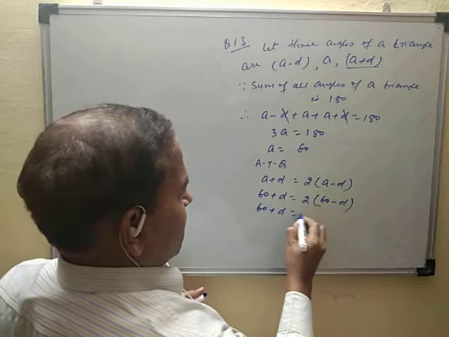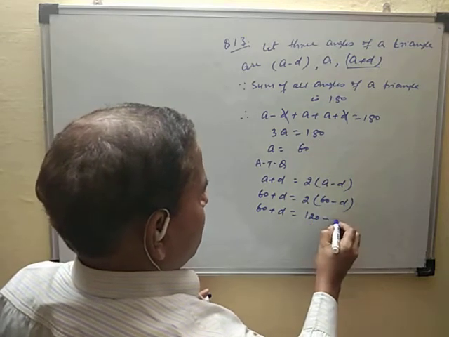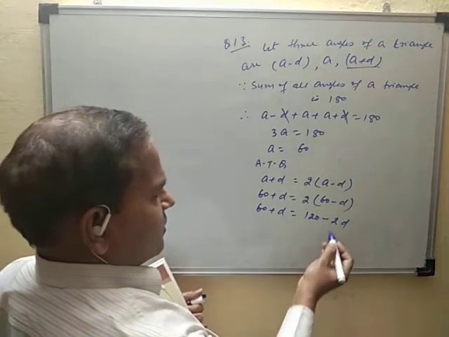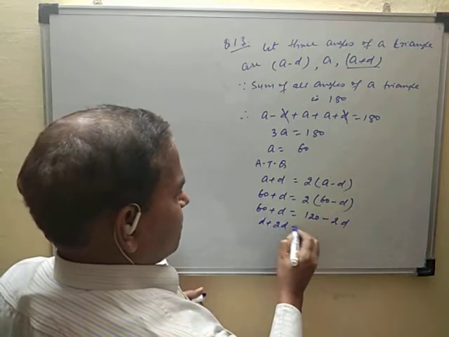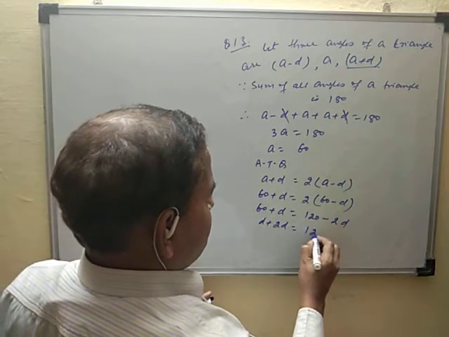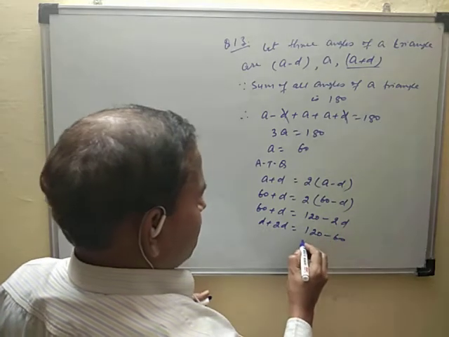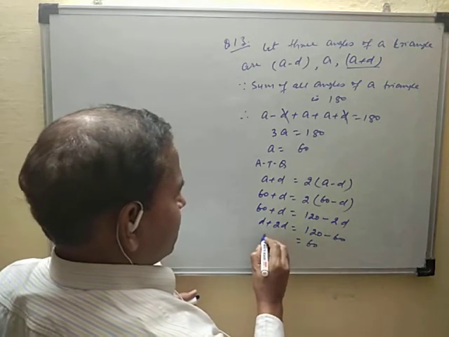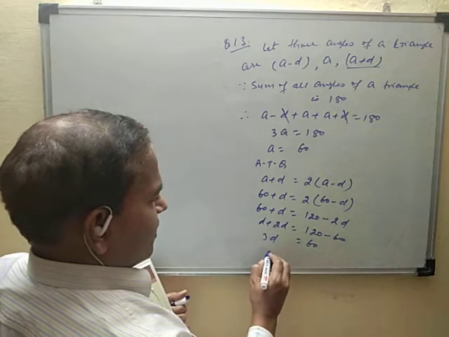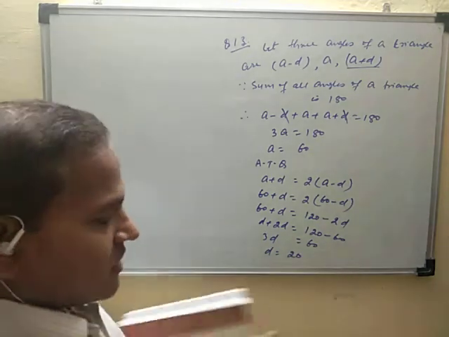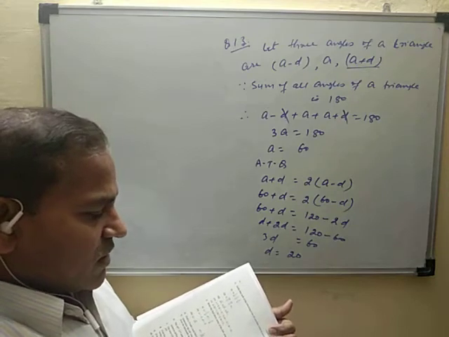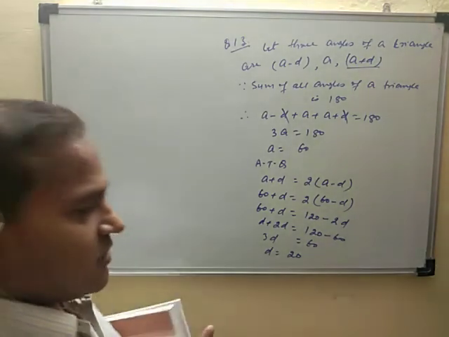So 60 plus D is equal to 120 minus 2D. This 2D taking to the left side: D plus 2D, and 60 taking to the right side. Then 120 minus 60 is equal to 60. This is the value of 3D. So D is equal to 20. Now A and D are found. The question is to find all the angles of a triangle.